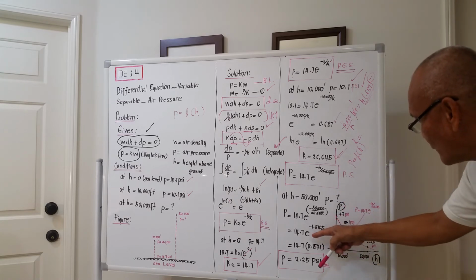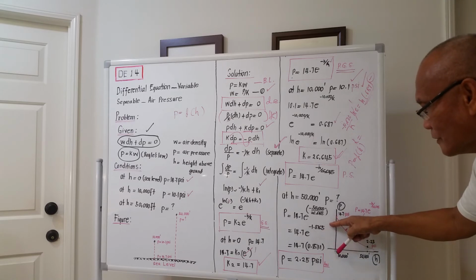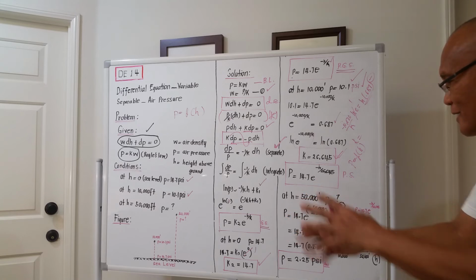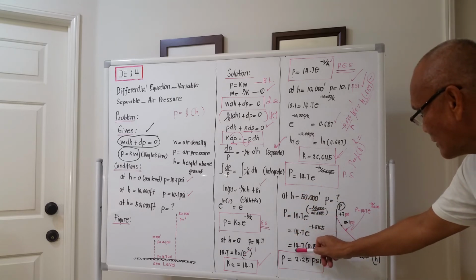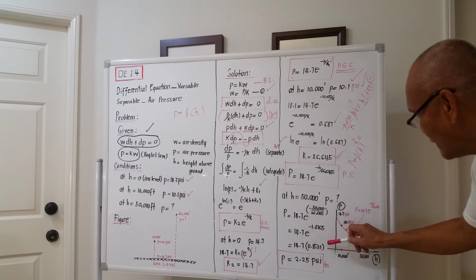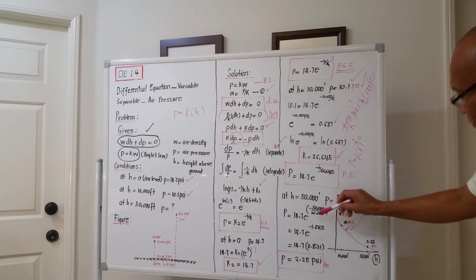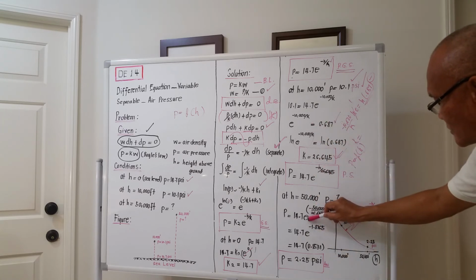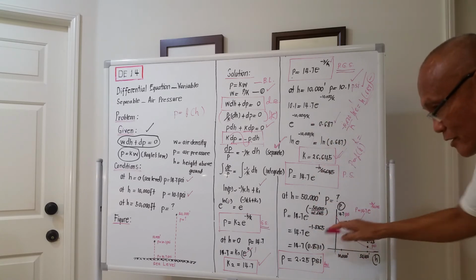Since the exponent of e is negative, the value should be a fraction. So this will become 14.7 times 0.1531. If this was positive, the value should be greater than 1, but since this is negative, it is a fraction.